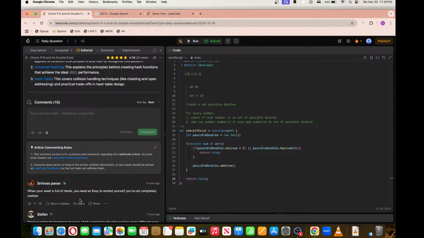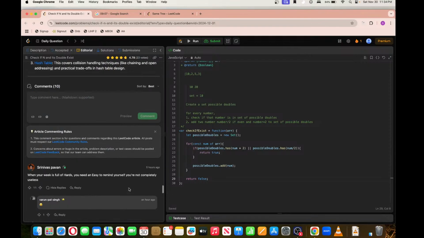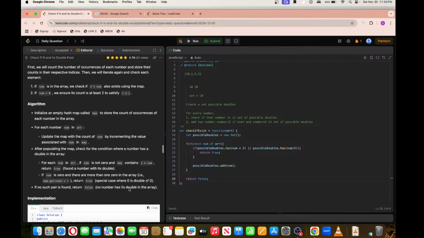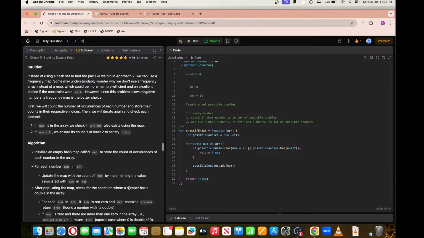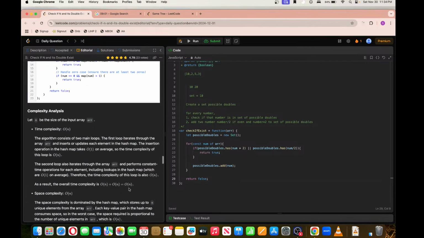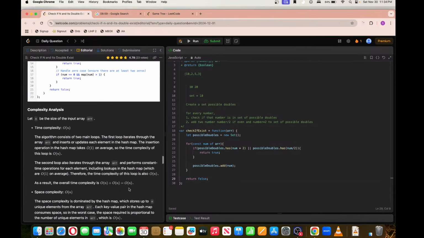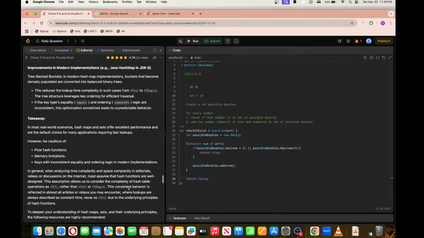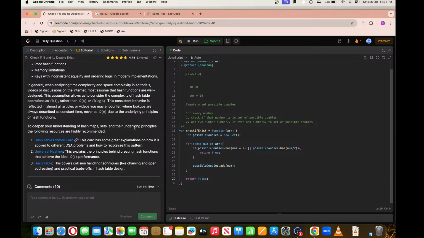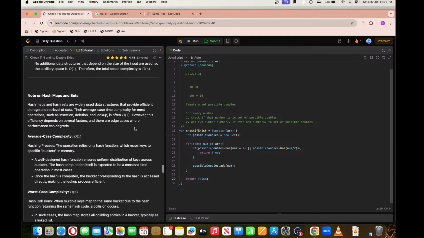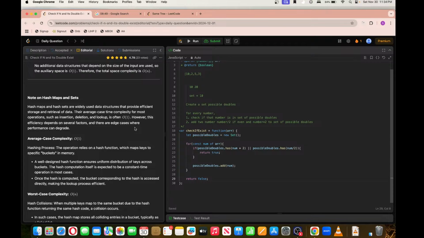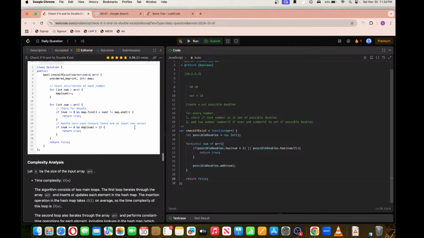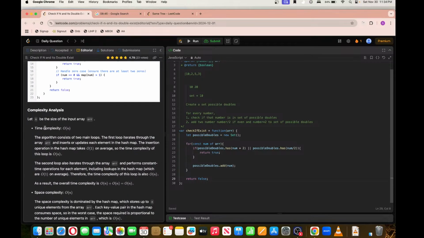You are not completely useless. Frequency map. So what is the best solution, right? Because this is an O of n solution, and is there a solution better than O of n? I don't know.